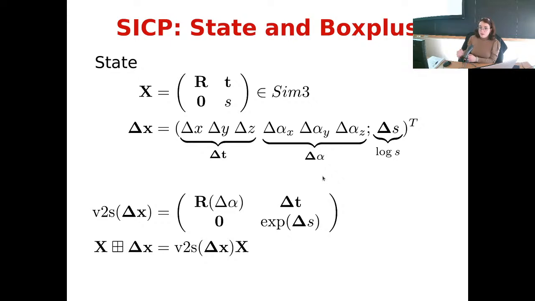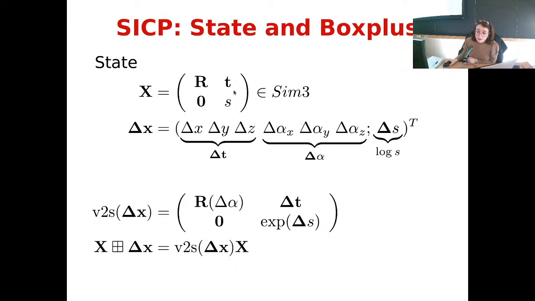Now, let us define the perturbation vector, a Euclidean parameterization of the similarity group. In this case, defining a Euclidean parameterization is more tricky because we need to find something that allows us, as usual, to have that when we apply a perturbation which is equal to 0, then the element x stays where it is when we do x box plus delta x.